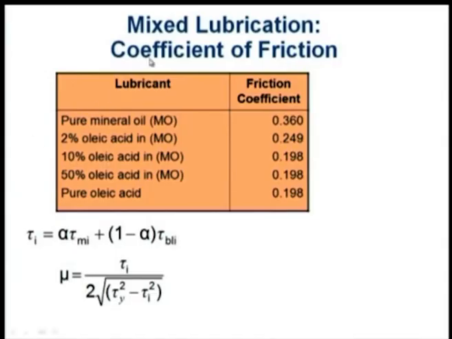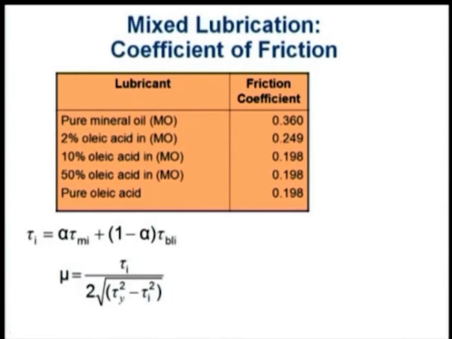In this case, what we expressed earlier is that when pure mineral oil is used at the interface, the coefficient of friction was 0.360. We are talking about very low relative velocity and very high load. In all those situations, the boundary bearing number will be almost negligible. So, we can say the fluid film lubrication, even in the presence of pure mineral oil, was negligible.